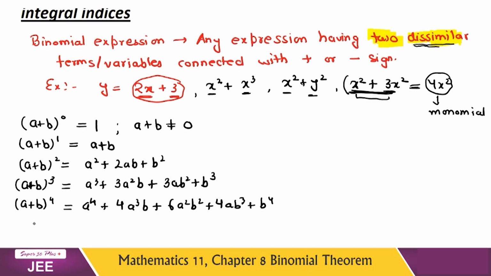For now, you can use (a plus b) whole cube multiplied by (a plus b) in order to get this expression. So these are the identities. Identities means they are satisfied for all values of a and b. For all values of a and b, LHS and RHS are going to be the same.